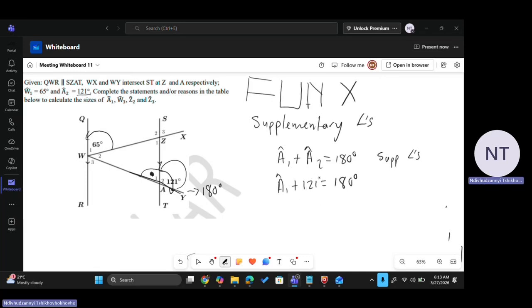Then transpose to the other side, or you can eliminate 121 by minusing 121 both sides, either or. So it's going to say A1 is equals to 180. When you transpose 121 to the other side, it will change its sign from positive to negative 121.